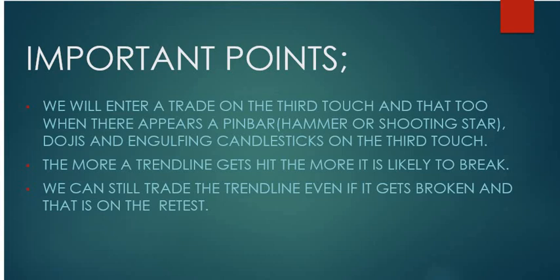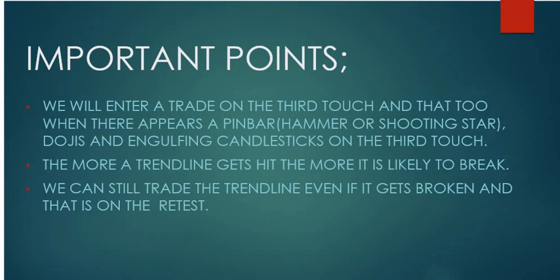Dojis and engulfing candlesticks on the third touch too. So when a pin bar, doji or engulfing candlestick appears on the third touch of the trend line, only then we will trade it. The more a trend line gets hit, the more likely it is to break.